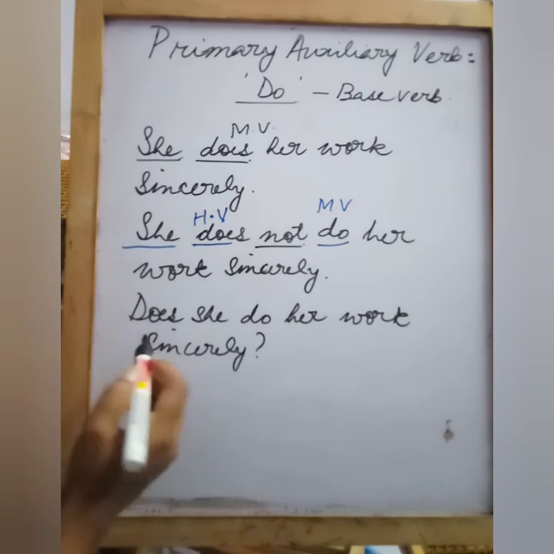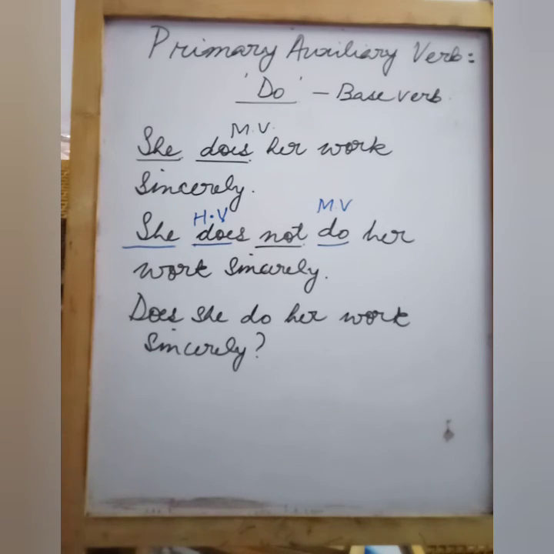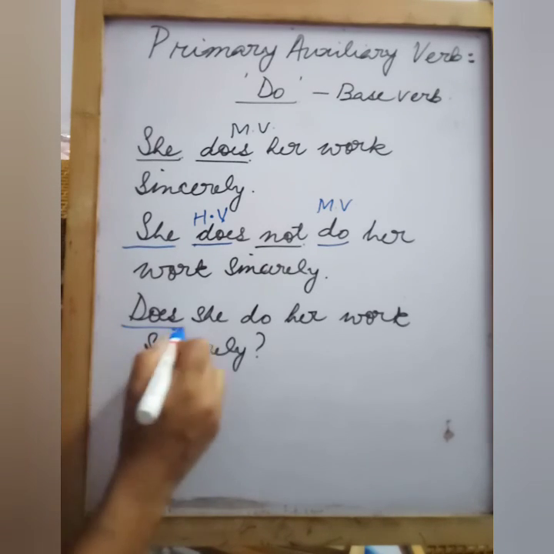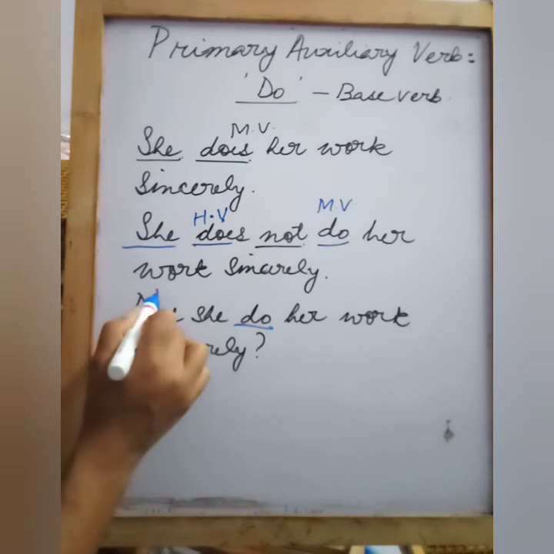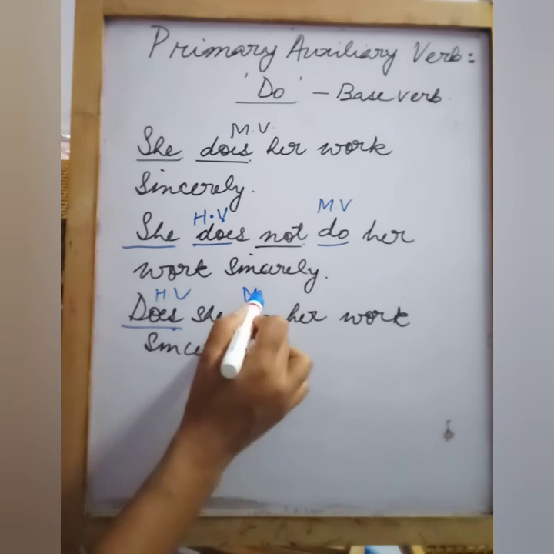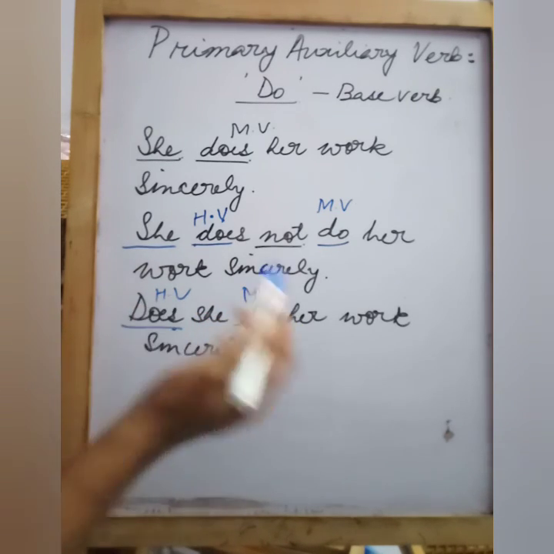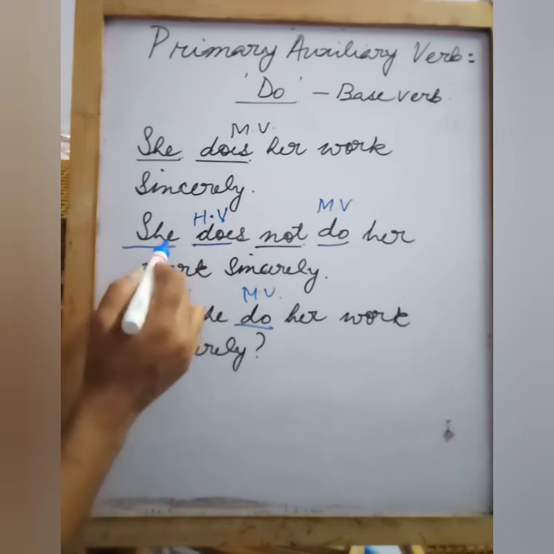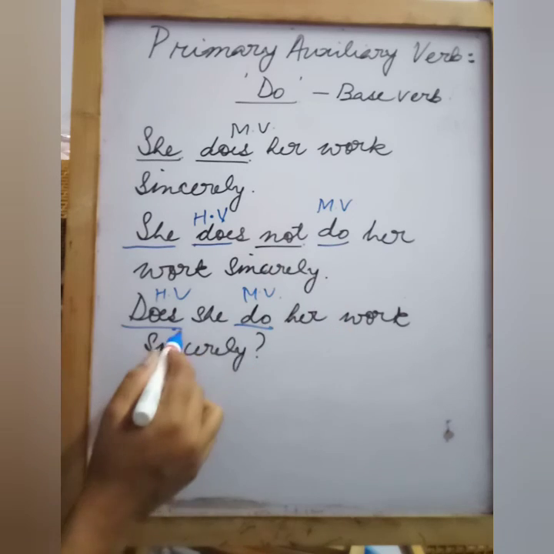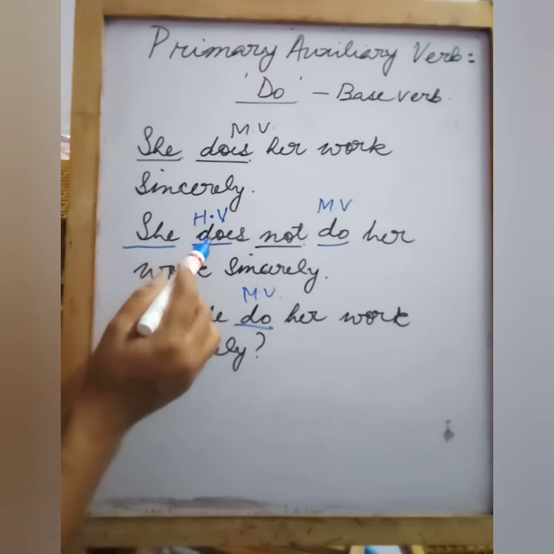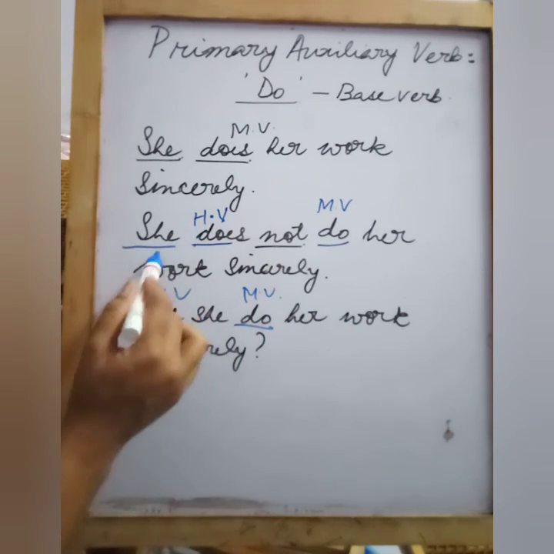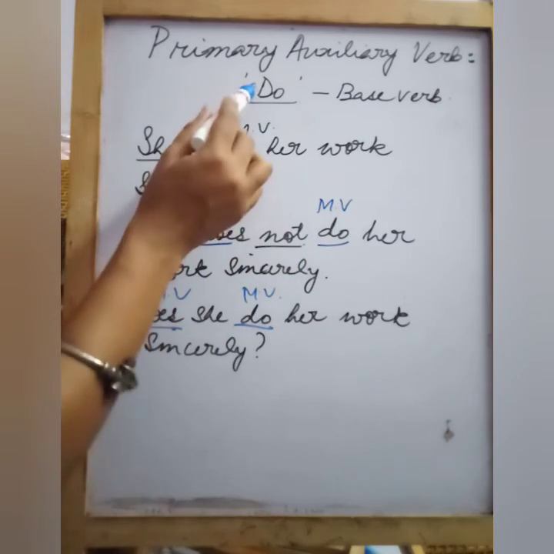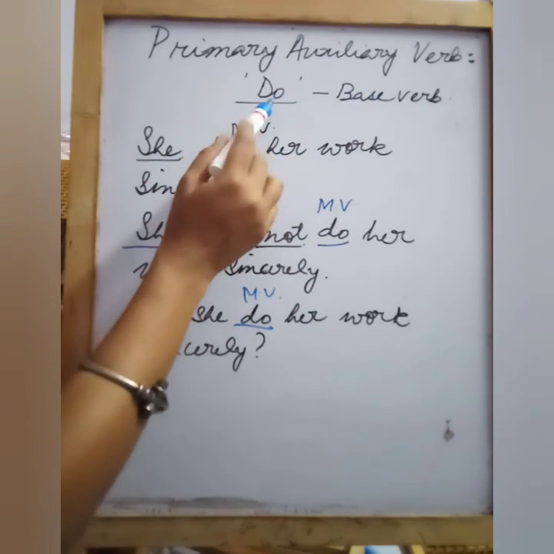Now here also see, we are using both the forms of do, does as well as do. So this is the helping verb and this is the main verb, isn't it? So what does it come up to? That when we are changing a sentence into a negative one as well as an interrogative one using does, in both these cases we are using two forms of the base verb do.